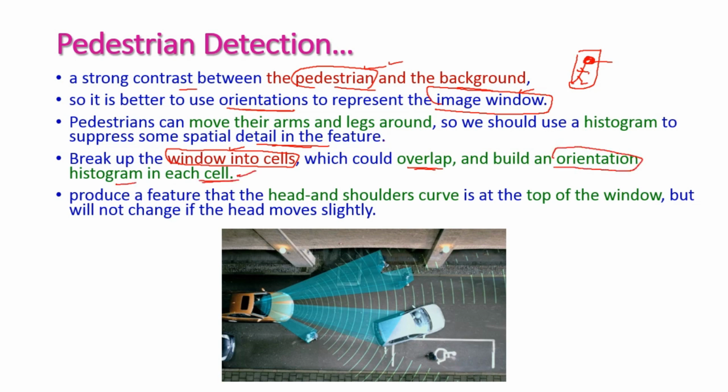This will produce a feature that the head and shoulder curve is at the top of the window. See, this is the head and this is the shoulder. Head and shoulders should be placed at the top of the window, and the head can move slightly but should not come to the bottom of the window, right?